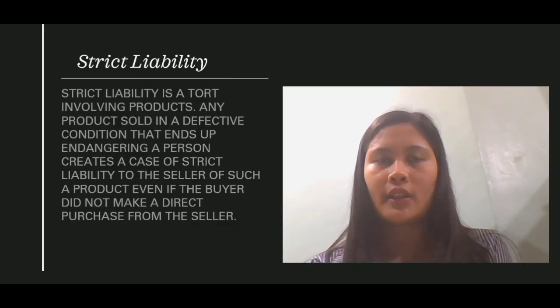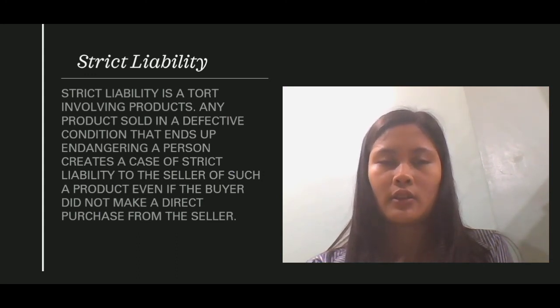Strict liability. Strict liability is a tort involving products sold in a defective condition that ends up endangering a person. It creates a case of strict liability for the seller of such a product, even if the buyer did not make a direct purchase from the seller.